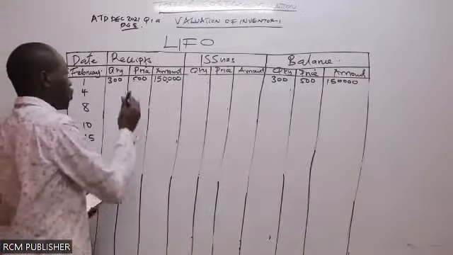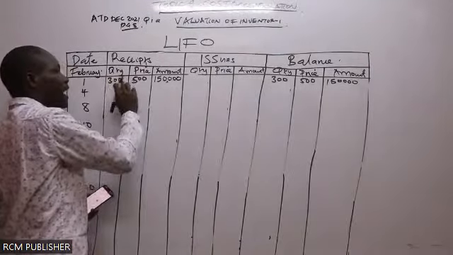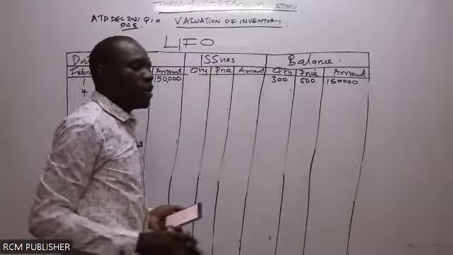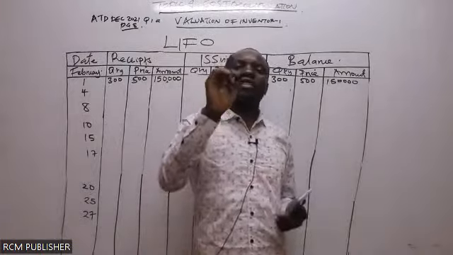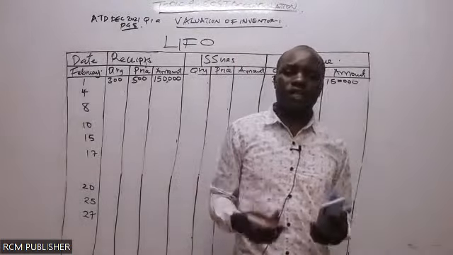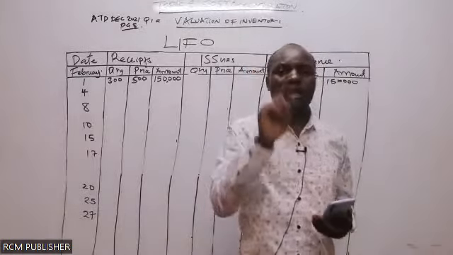My opening stock will still be 300 at 500 to give me 150,000. So in the three methods, our opening inventory remains unchanged, but the subsequent transactions will depend on the formula that you are applying.